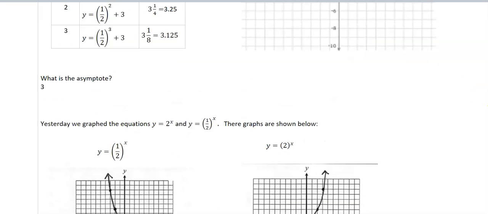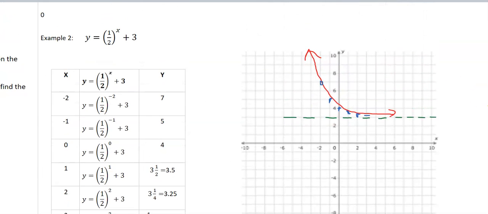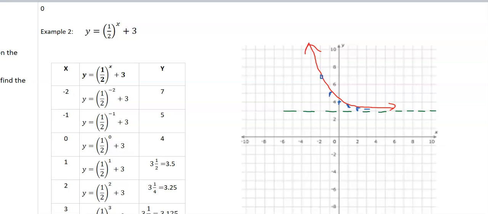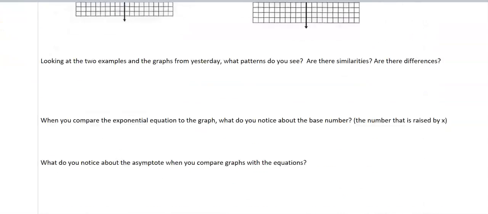If I scroll back up to example 2 that we have shown, we do have a plus c right here. It's plus 3. And remember, we said our asymptote was at 3. So you can follow that rule to determine the asymptotes without even graphing.